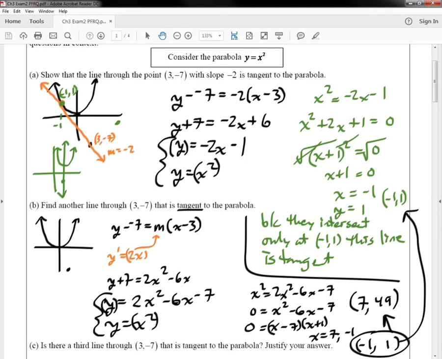So this is your equation. It is y minus negative 7 equals 14 times x minus 3. Or you can say y minus 49 equals 14 times x minus 7. I would take either one of these answers. Either one of these answers is good.